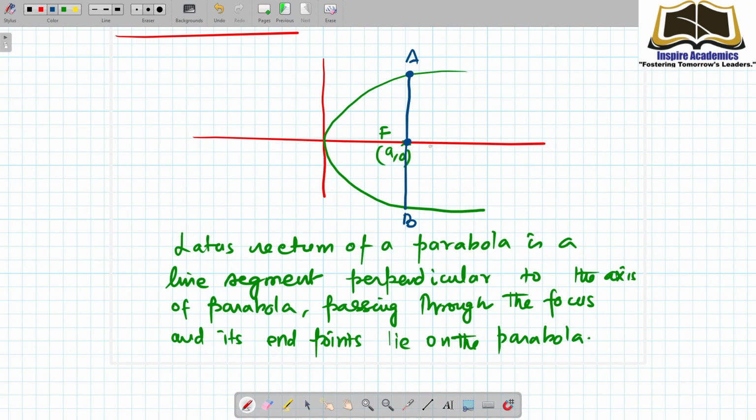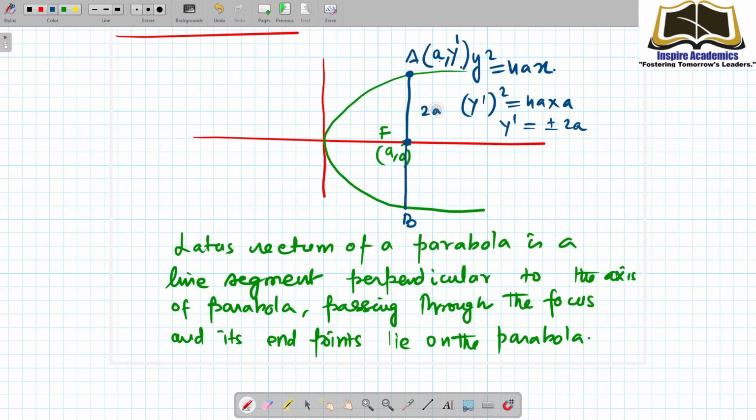So for the latus rectum, the equation of this parabola is y square equal to 4ax, right? If we say at point A the value of x would be a, and let us say y is y dash. So if you put a here, we will get y dash square will be 4a into a, and y dash will be plus minus 2a.